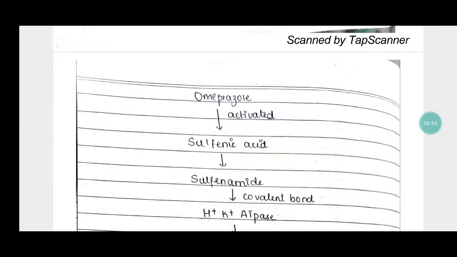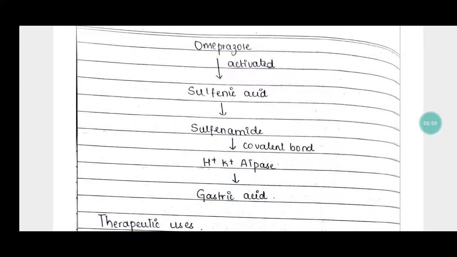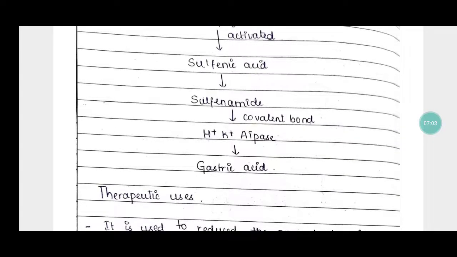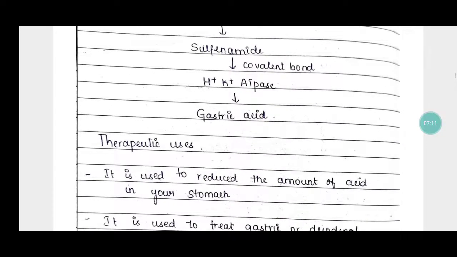In a simple way, the mechanism of action for omeprazole is that omeprazole is activated to the sulfonic acid and sulfonamide is formed, and the covalent bond to the hydrogen potassium ATPase blocks gastric secretion. This is the simplest mechanism of action of omeprazole.